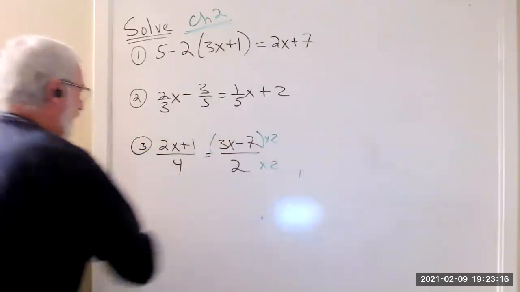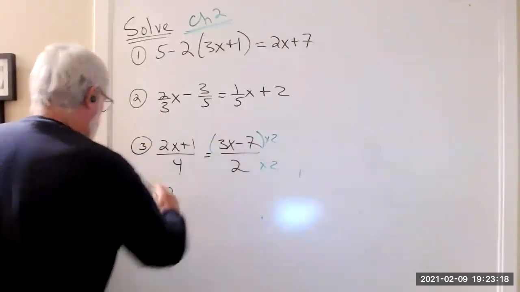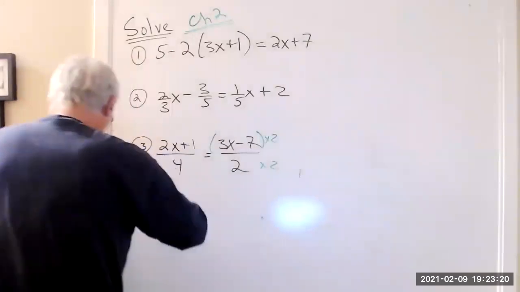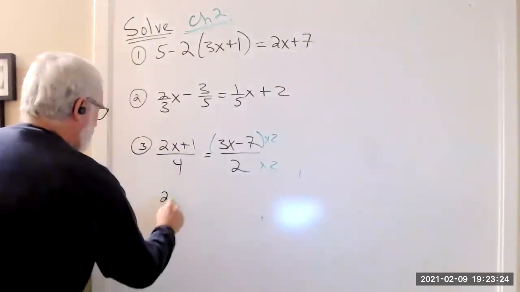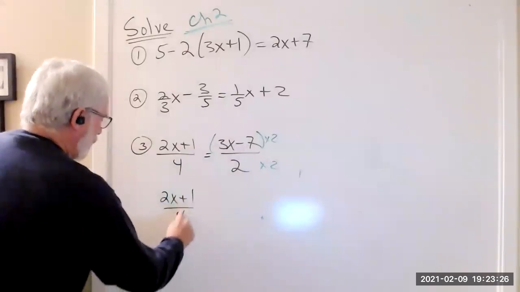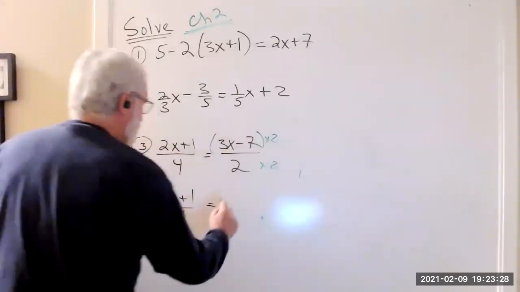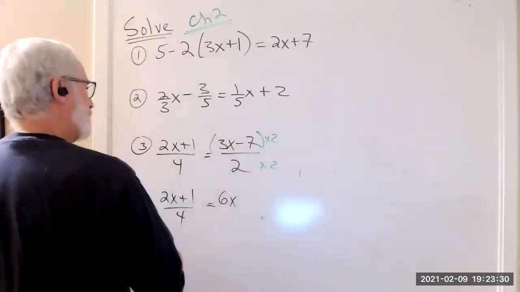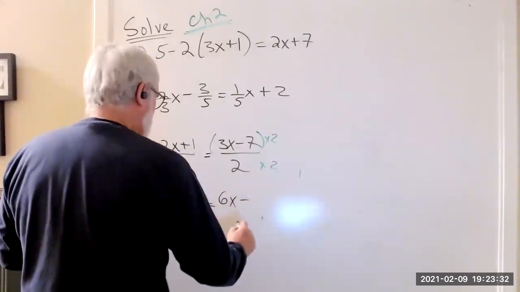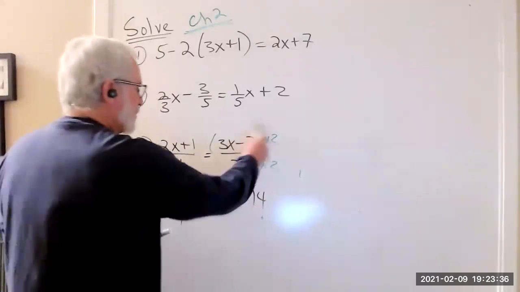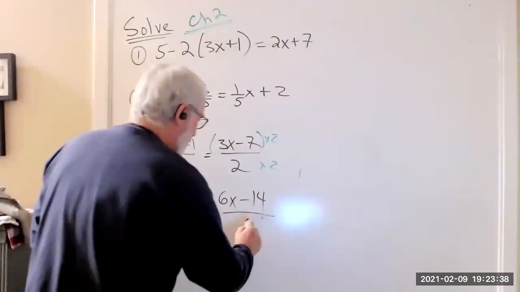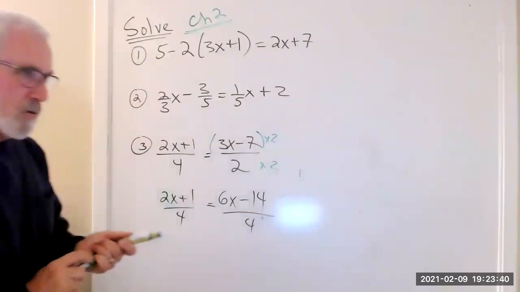So if you do that, then you get 2x plus 1 over 4 equals 6x minus 14. Is that right? Yeah. Distribute the 2 into here over 4. Okay.